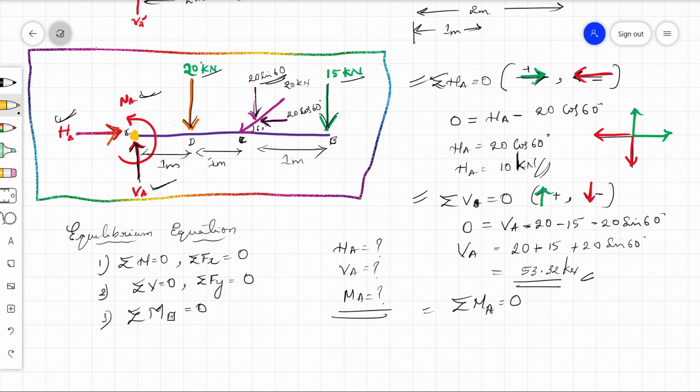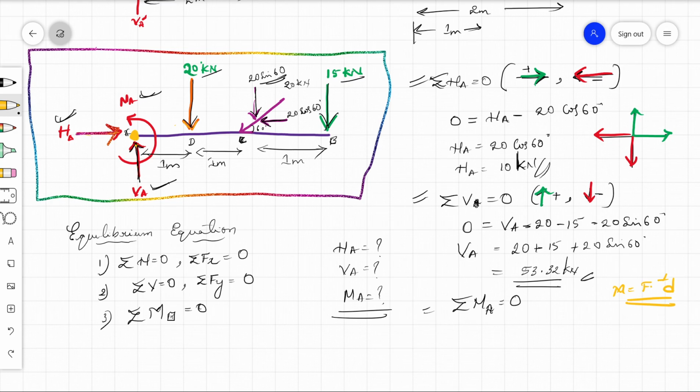Remember, what is moment? M is equal to force into perpendicular distance, right? This is what we need to find for every force which creates a moment. So what are all the forces influencing the moment center at A? One is VA, one is HA, one is 20 kilonewton, one is this 20 sin 60 and 20 cos 60, and one more is 15 kilonewton.